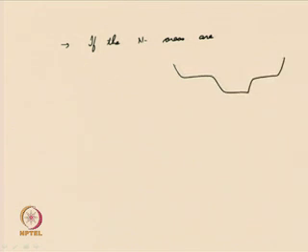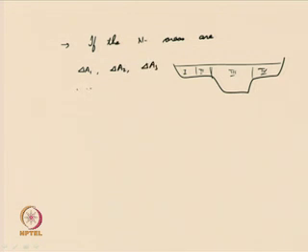So, if there are n areas, as in the figure we have 1, 2, 3, 4, but generally you can divide the entire cross section into n sub areas, delta A1, delta A2, delta A3, delta Ai, similarly up to n sub areas.